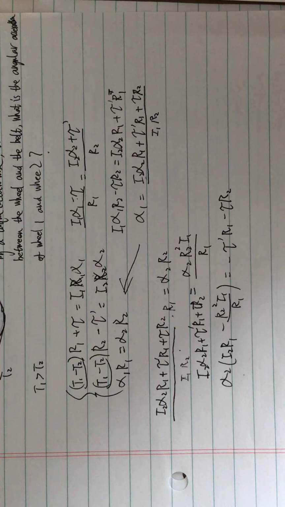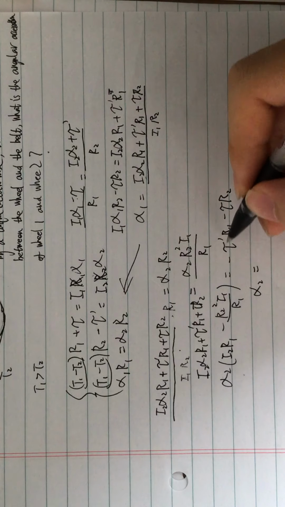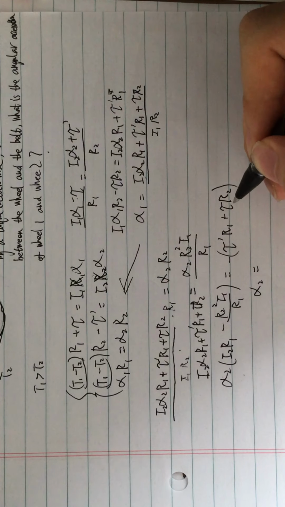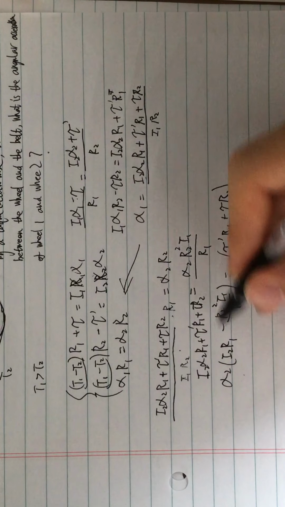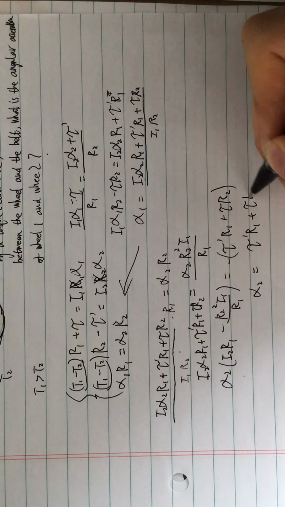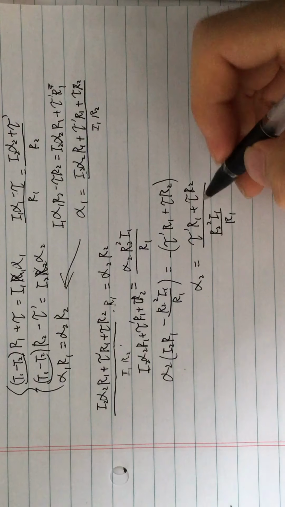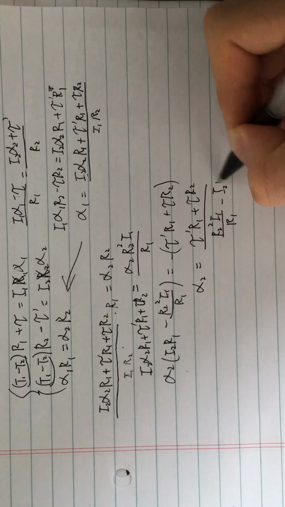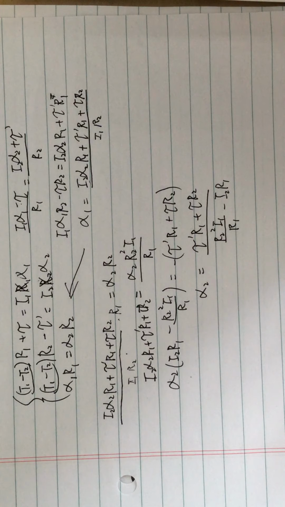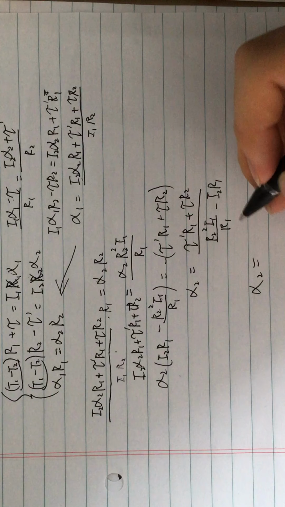Now we can solve for alpha 2. Let's cancel out the negative sign, switching this term, so we have this one divided by this minus this. Then we can multiply both the numerator and denominator by R1 to simplify the equation further.